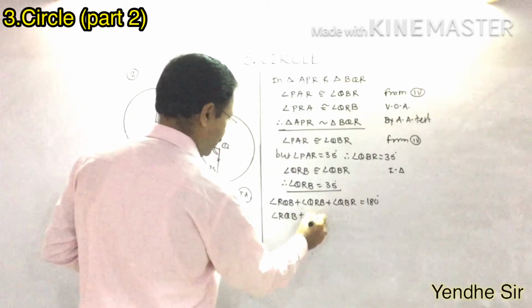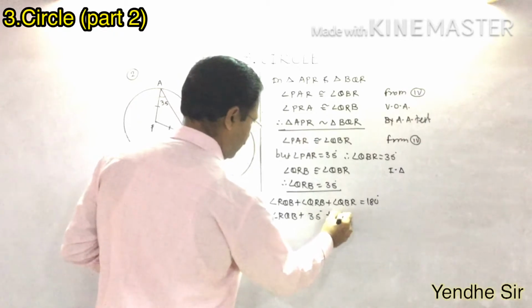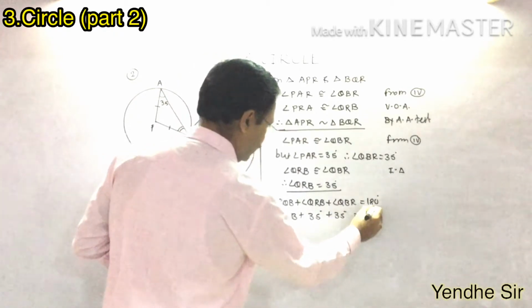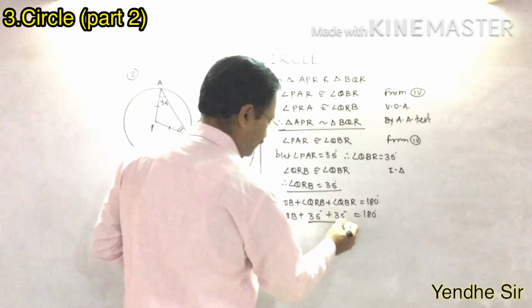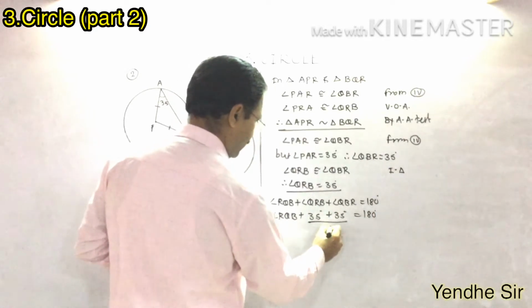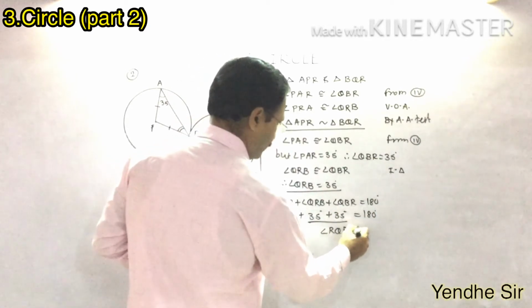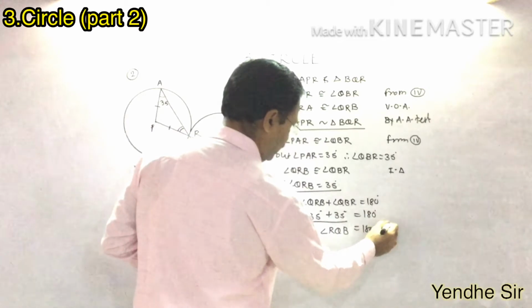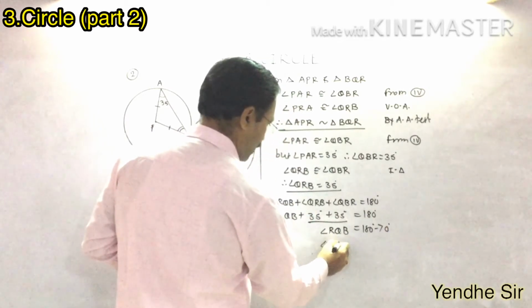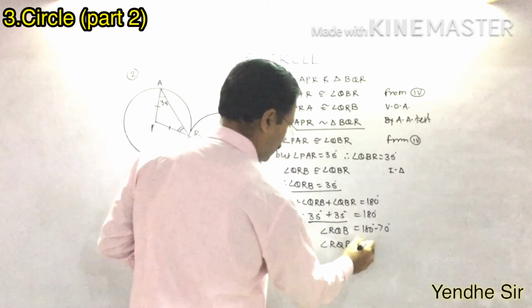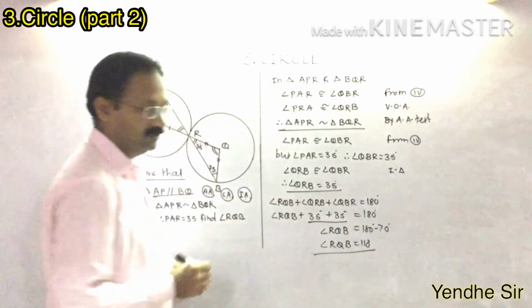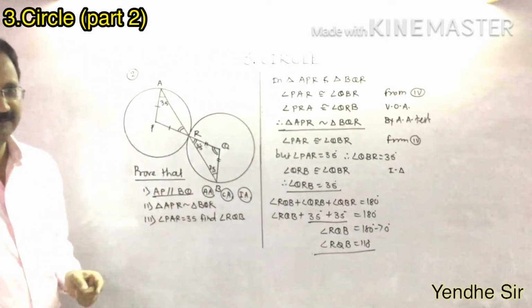This is 35. This is 35. Equals 180. Now 35 plus 35, 70. 70 goes on that side. You will get 180 minus 70. So the measure of RQB equals 110. So this is our answer.